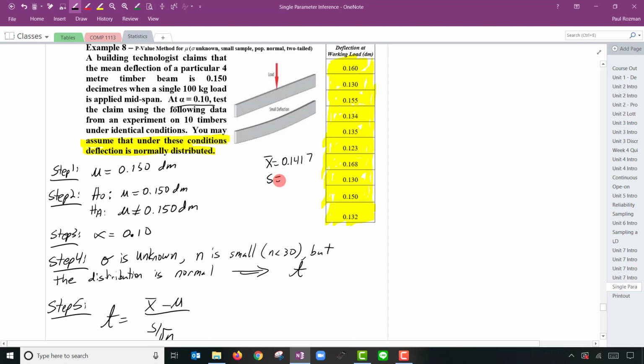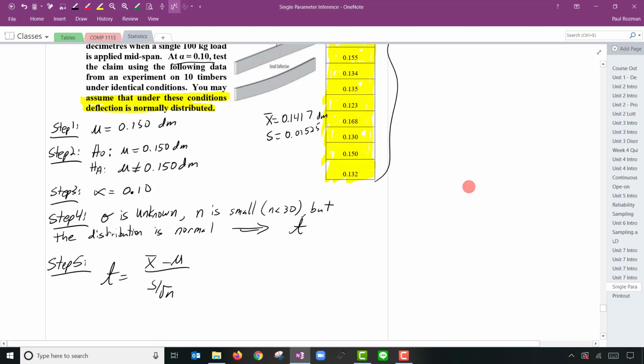And my standard deviation turned out to be 0.01525 decimeters. So from this sample data, we have x bar and s. And now we can calculate this thing.